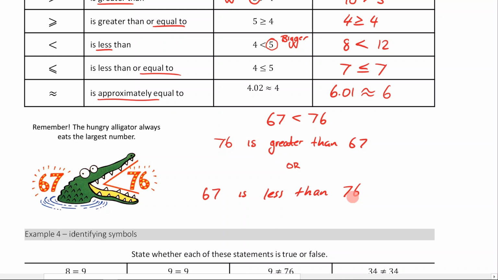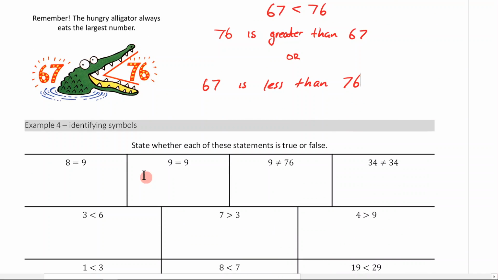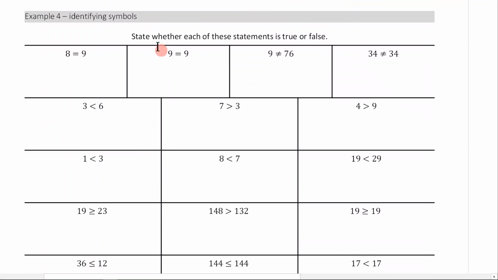Both of those two things are true. 76 is greater than 67, or 67 is less than 76. Both are true statements. What I really want you to walk away with is that this sign is always eating the bigger number.